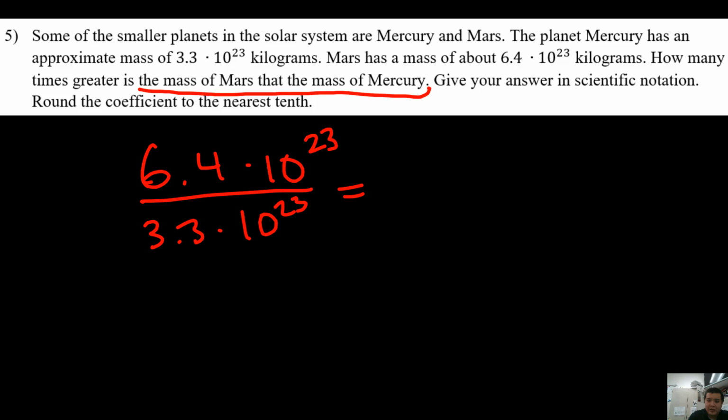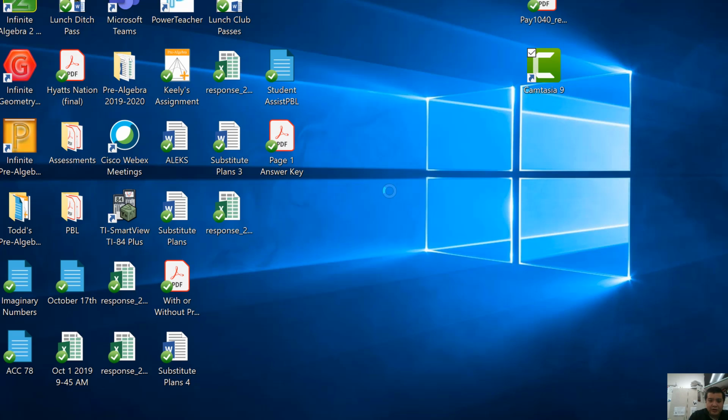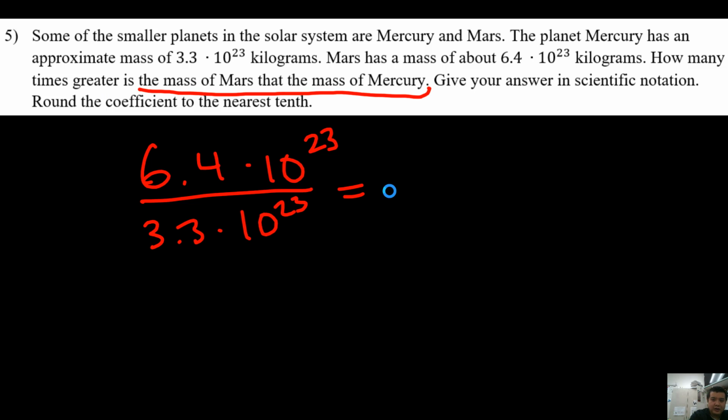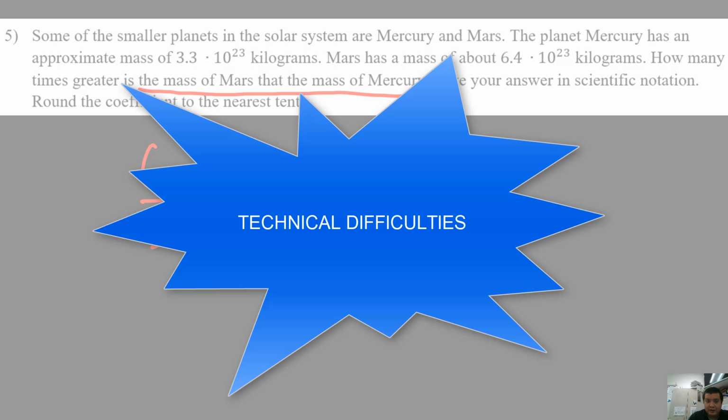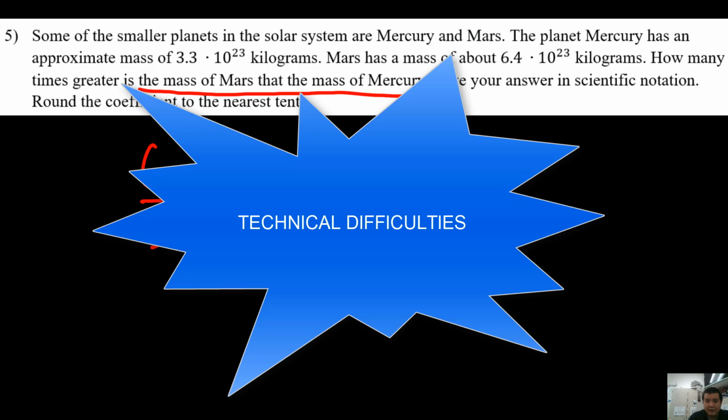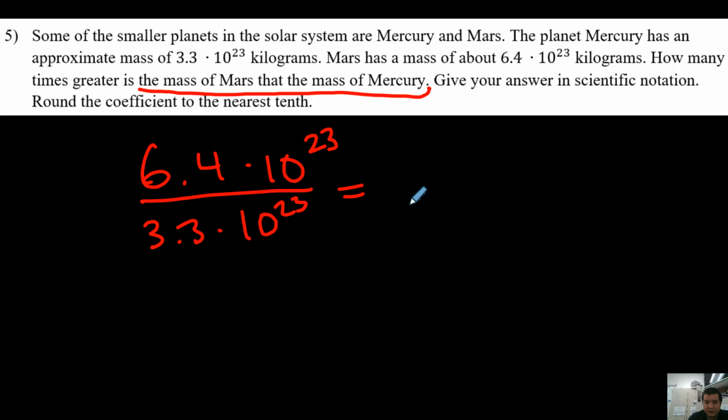Which means that we can divide the coefficients. So 6.4 divided by 3.3, when rounded to the tenth place, is 1.9.